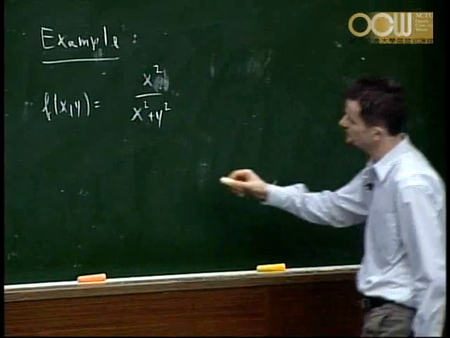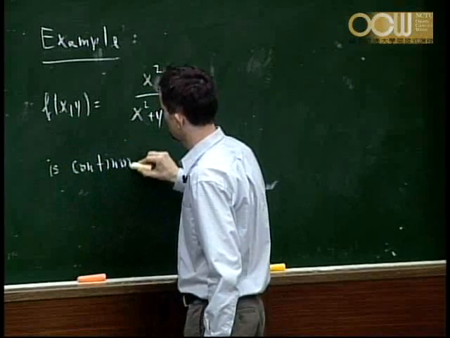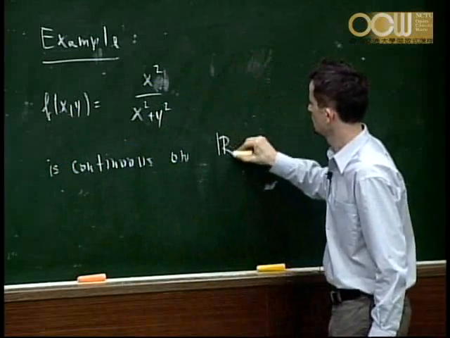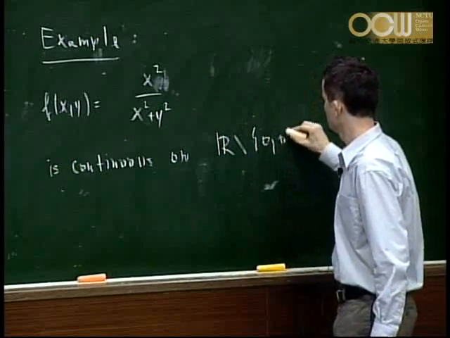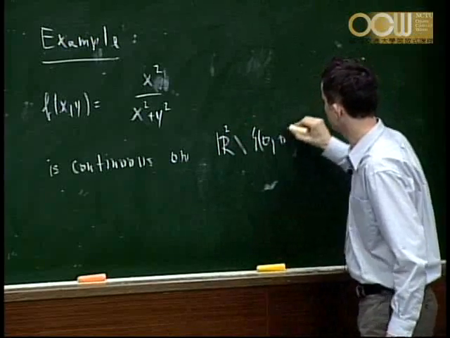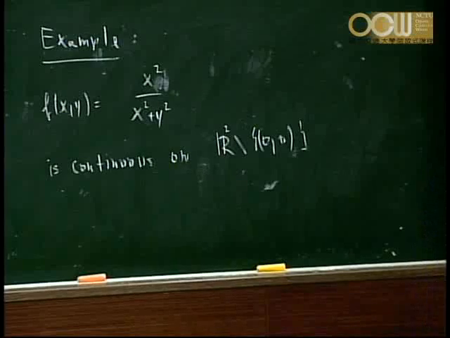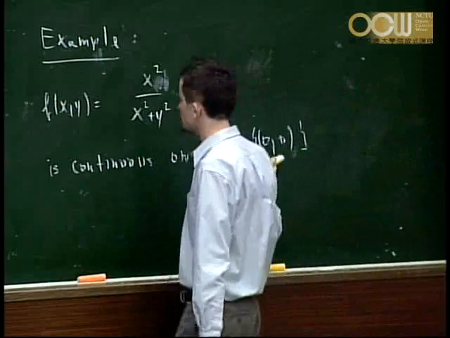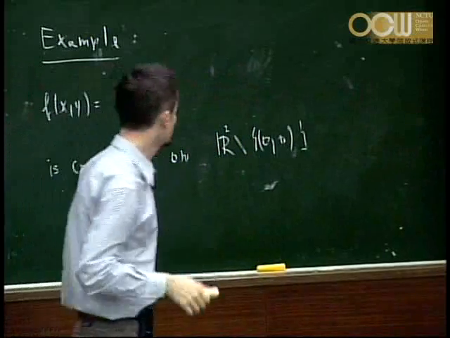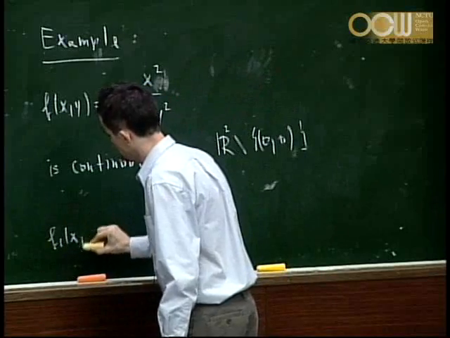So this function is continuous on all points in the plane except the origin. Of course, because the origin is not defined, it's not possible that you have a limit relation like this here.